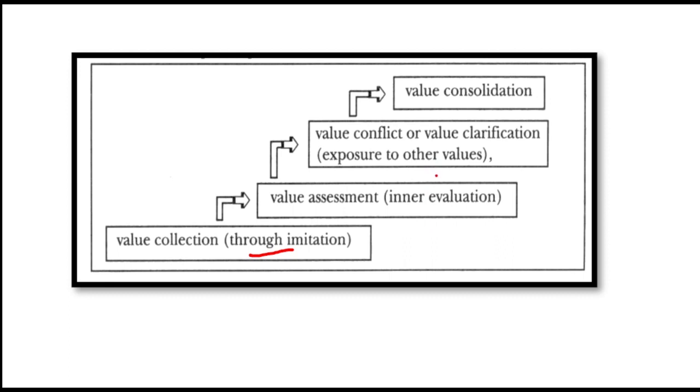Through this evaluation, he or she finds that something is right or wrong. That creates inside them a conflict or a clarification, and later this clarification moves to the consolidation of the right values, the values that he or she regards as right. Clear? So from imitation to consolidation. Clear?